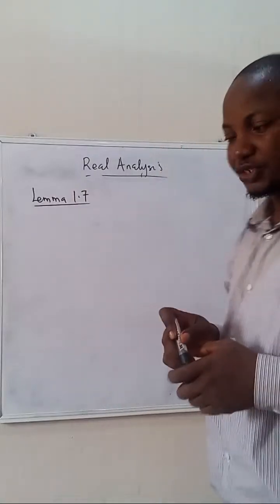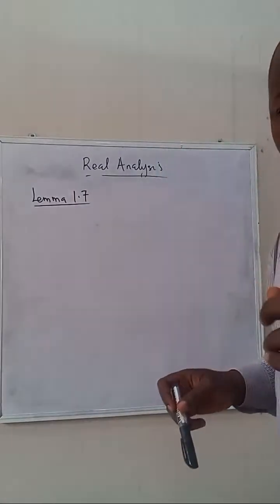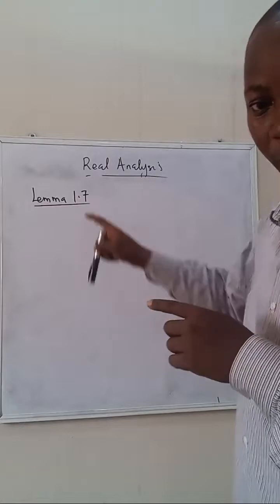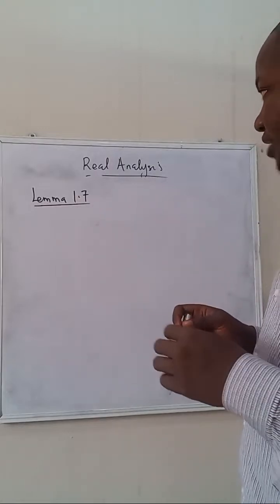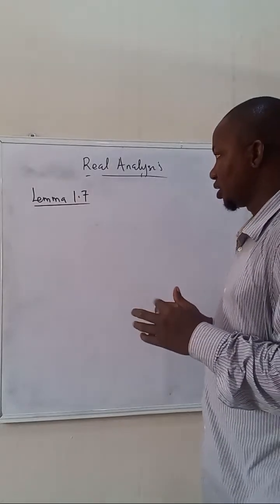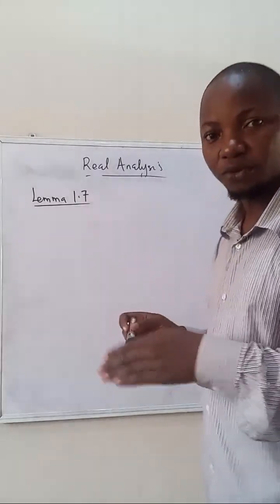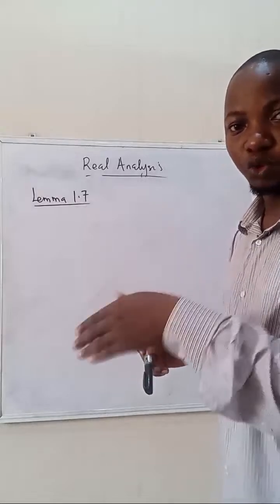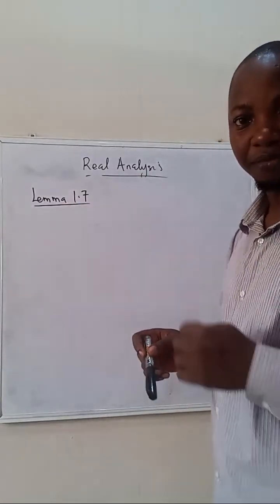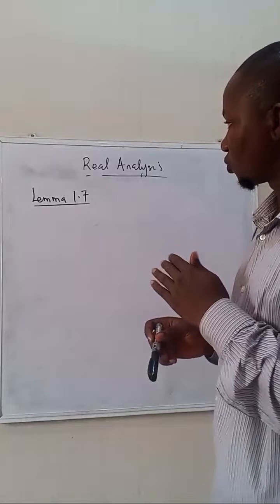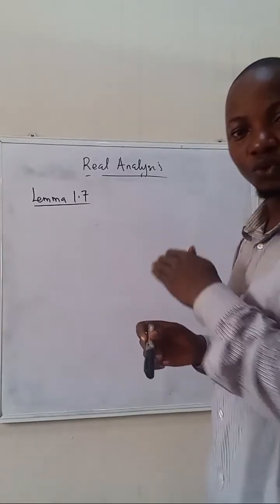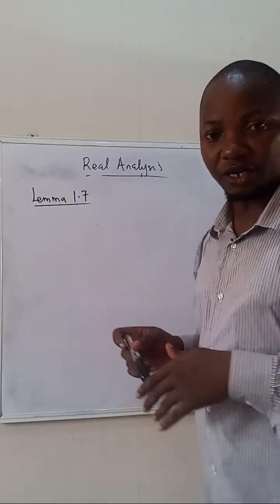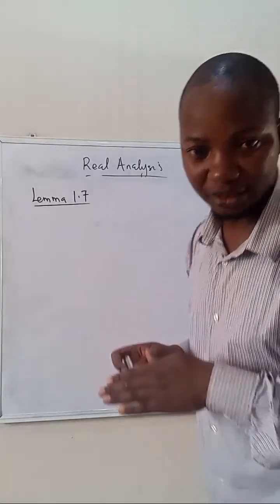The last definition is definition 1.6. So now we want to have a lemma. A lemma is like a lesser law in mathematics that we usually use to prove a theorem. In the future of this course, we'll be using this concept to prove many of our theorems. And it states thus.